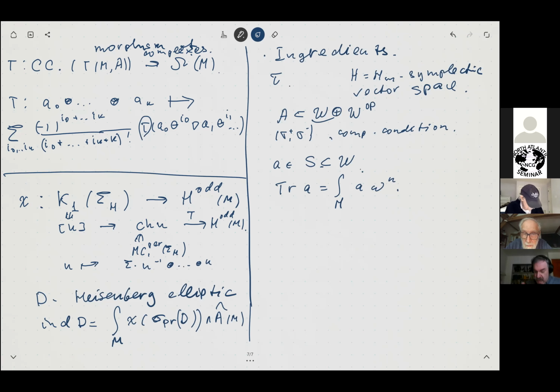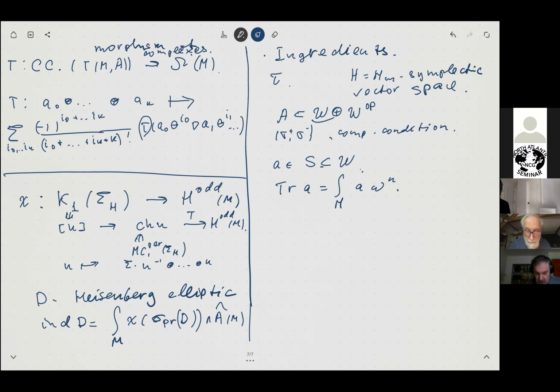Weil algebra of course is represented as operators acting on L2 of Rn, and this is just the usual operator trace.